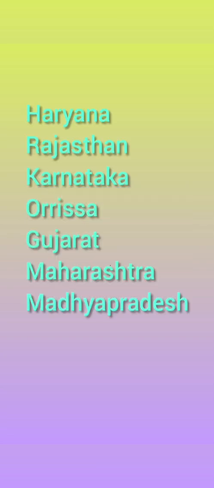So the states like Haryana, Rajasthan, Karnataka, Orissa, Gujarat, Maharashtra, Madhya Pradesh. In these states, we can cultivate the cotton due to the specialty of their soil and the climate. Some other states are also cultivating the cotton in some places because of their black soil and warm climate.